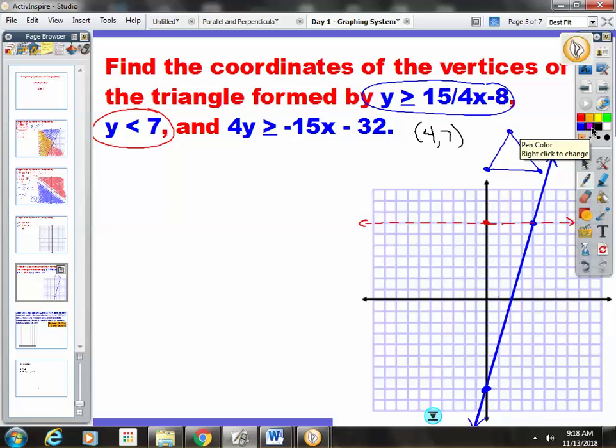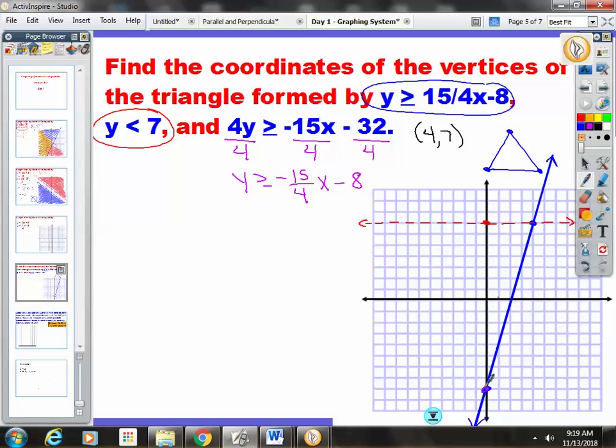Now for this last one, it's not in slope-intercept form, is it? It's not yet, but let's put it in slope-intercept form. What could I do? Divide by 4. So I have y is greater than or equal to negative 15 fourths x minus 8.